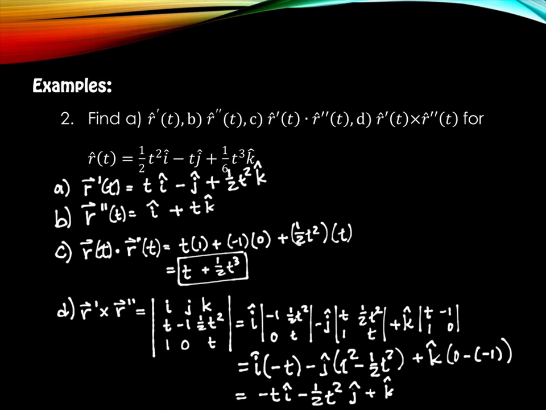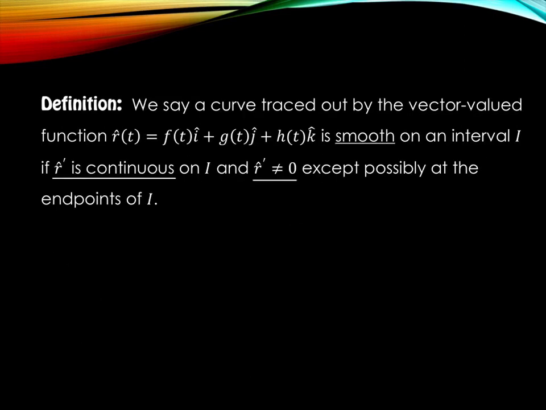So we're going to cross paths with a word that you've seen before. The word is smooth. We will say that a curve traced out by a vector function, in the same form we've seen it in, is smooth on an interval if the derivative is continuous and the derivative is not equal to 0, except possibly at the endpoints.